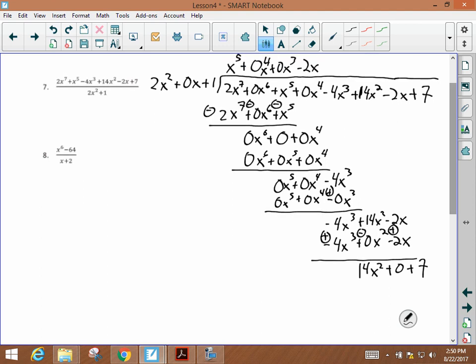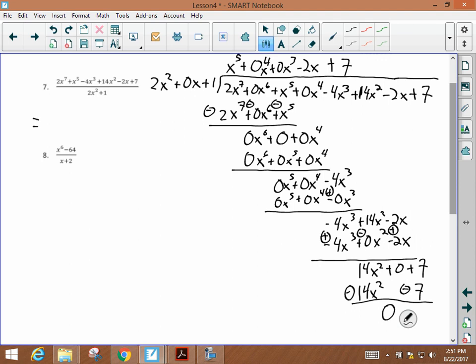Okay. All right, so what do I need to multiply 2x squared by to get 14x squared? That is going to be positive 7. And now when I multiply a positive 7, I'm going to get 14x squared and a 7 here. Fantastic. When I change the signs and add, I get 0, which means that I am done.